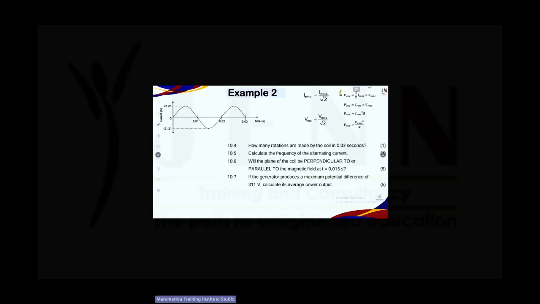Then grade 12s, let's quickly look at another one. So with this example, I see it carries on. How many rotations are made by the coil in 0.03 seconds? So this is now where we apply our graphs. If I look at 0.03 seconds, what is the amount of rotations that we have?